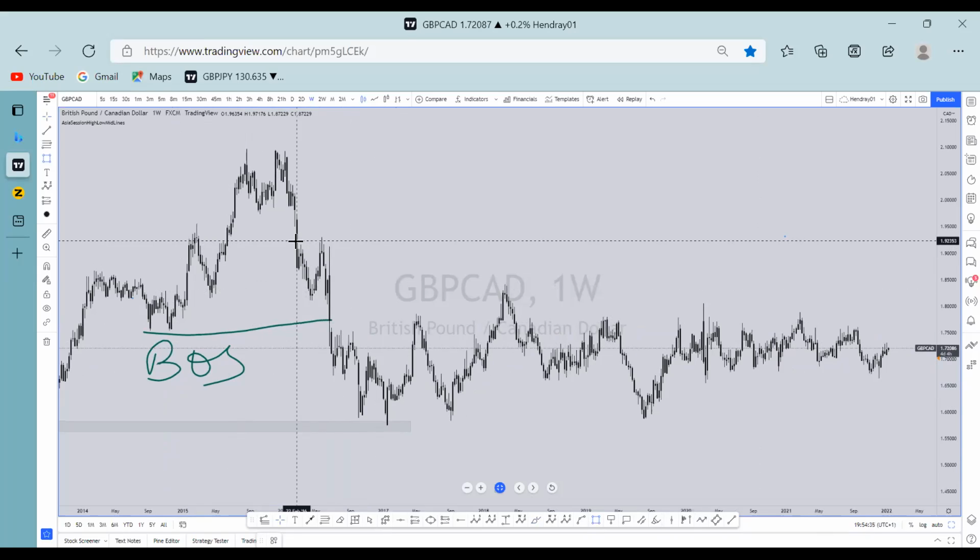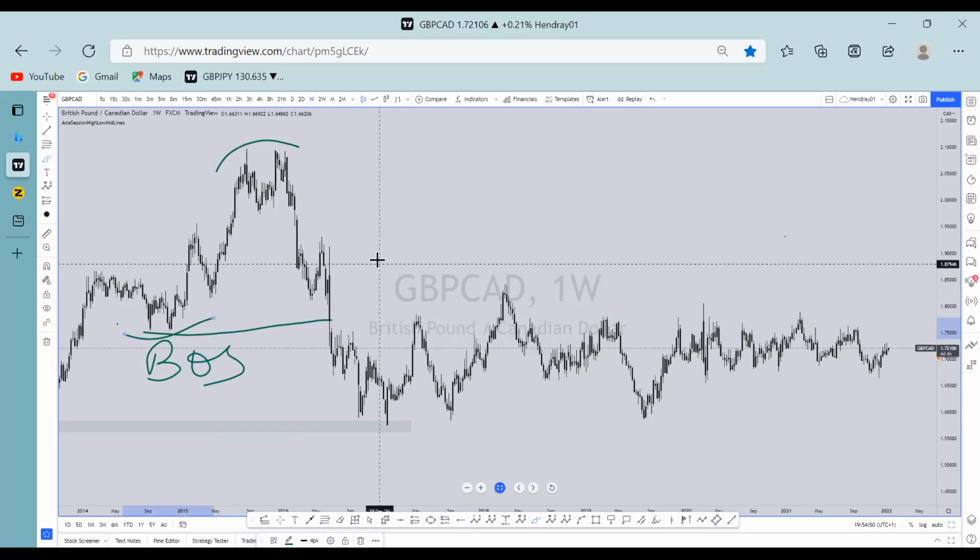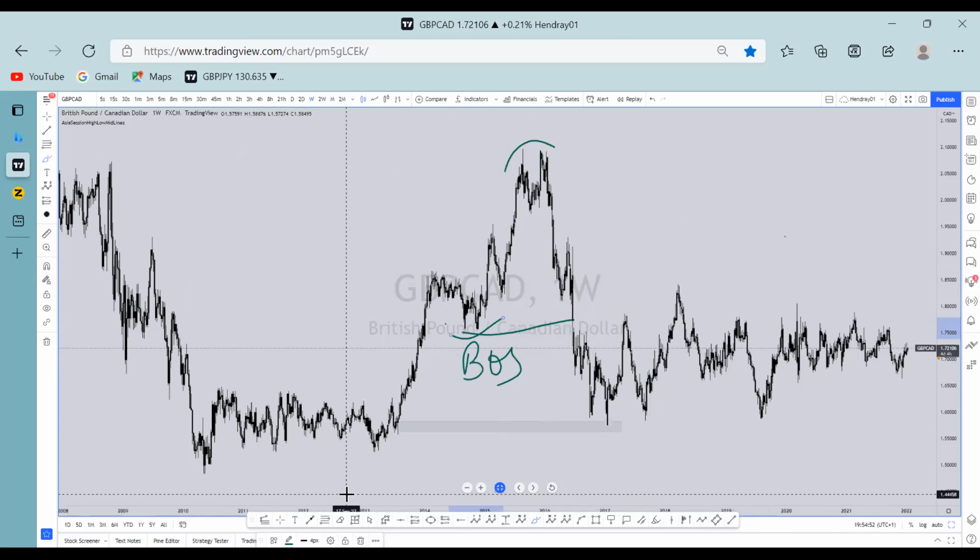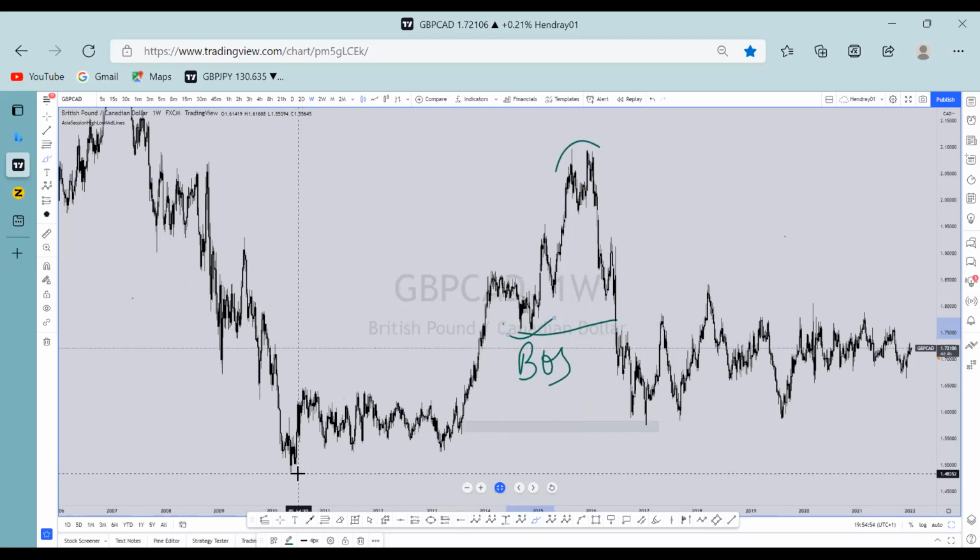So we have to understand what we are doing. From this high right here, I hope you know, in the inverse direction as well, same way we do the continuation, from this high to the external liquidity. In the case of demand, our first weekly structure we looked at was this.